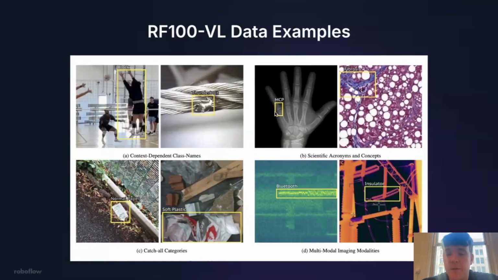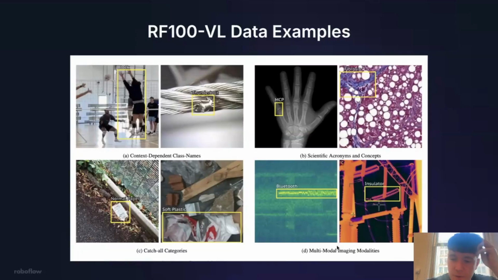We've seen the wire example. There are a bunch of scientific acronyms and concepts which test the in-depth connection of super specific things with super specific images. And there are things with a lot of categories where you need, as we saw, a lot of additional information to differentiate between all the things that you see.